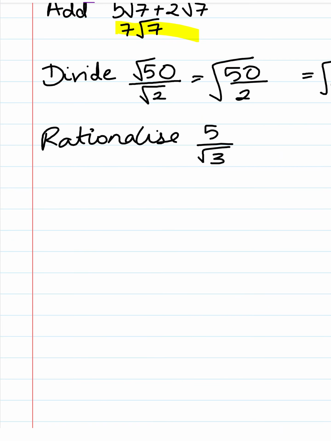Finally, let's rationalise this denominator, which we saw previously. We'll times both the top and the bottom by the square root of 3.